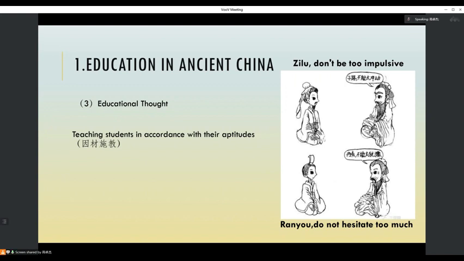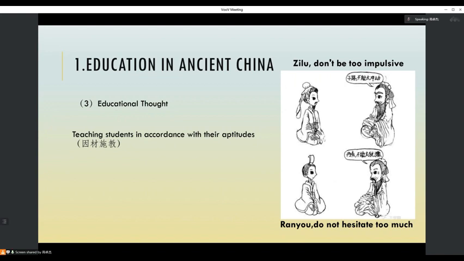And Confucius told the other student to do it right away. Why? Because Confucius thought these two people had different traits.